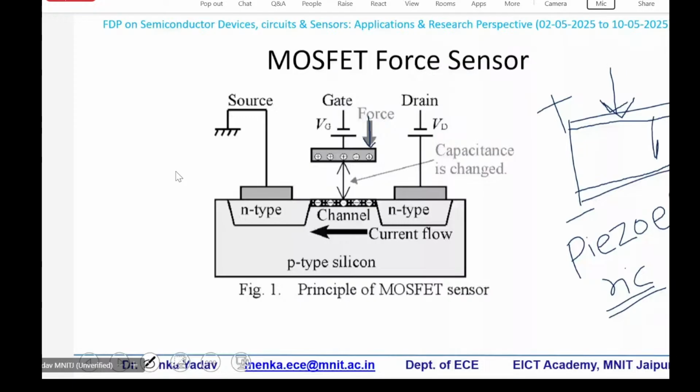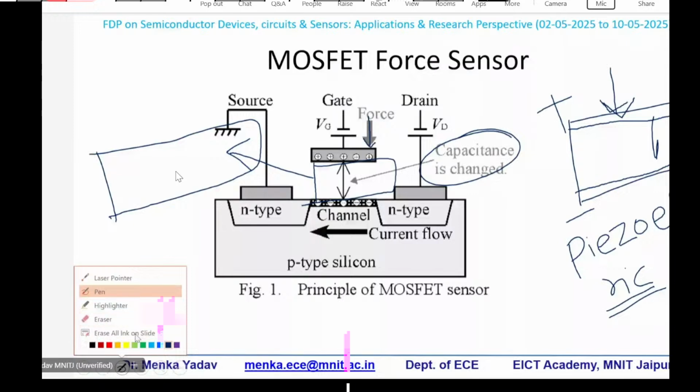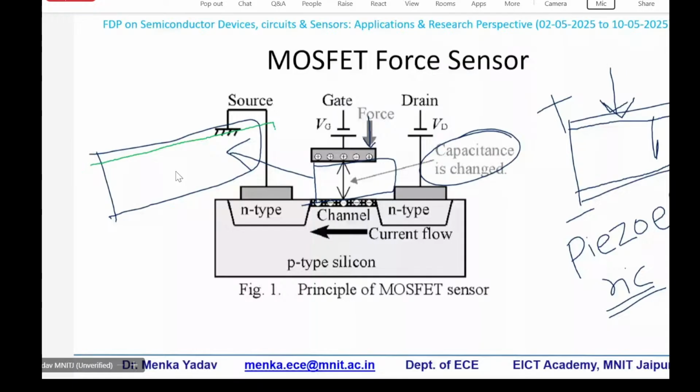So initially, let's say it was like this. We are talking about this particular area. After the pressure, let's see, I am going to change the color. It is deformed in this way. So after force or pressure, it is deformed in this way.